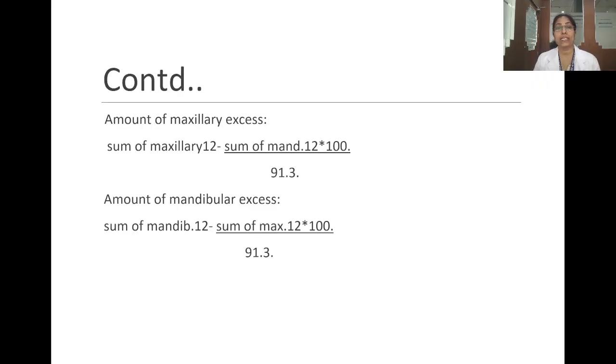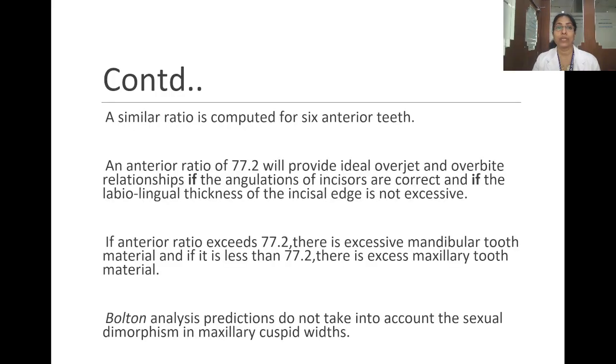The amount of maxillary excess can be calculated using the formula sum of the maxillary 12 minus sum of mandibular 12 into 100 divided by 91.3. And the amount of mandibular excess can be calculated using the formula sum of the mandibular 12 minus sum of maxillary 12 into 100 divided by 91.3.